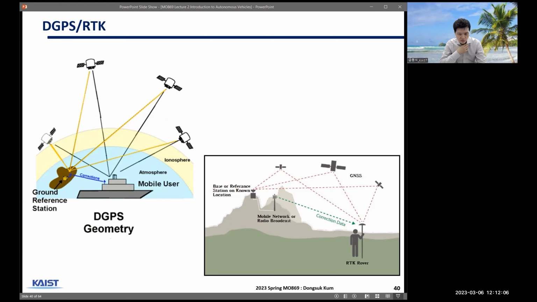So GPS is usually only reliable when you're in open space. Okay.